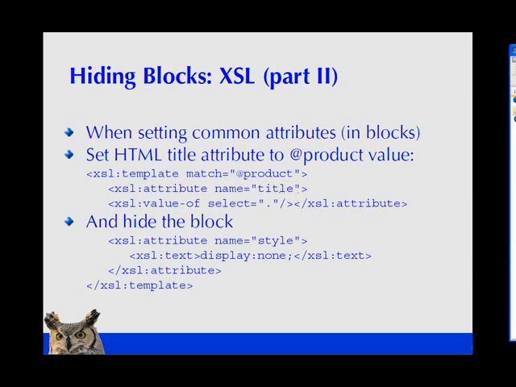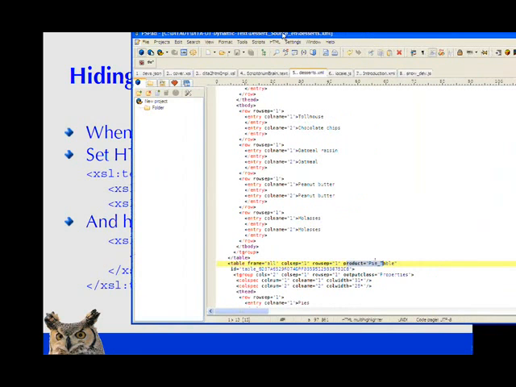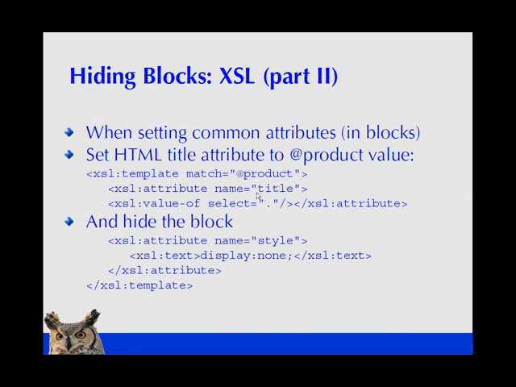When we get a product attribute, what we want to say is we want to create a new attribute called title and pass in whatever was the product attribute. And so in this case, we have pie table is the product attribute, and in our output, the title attribute is now going to contain pie table.